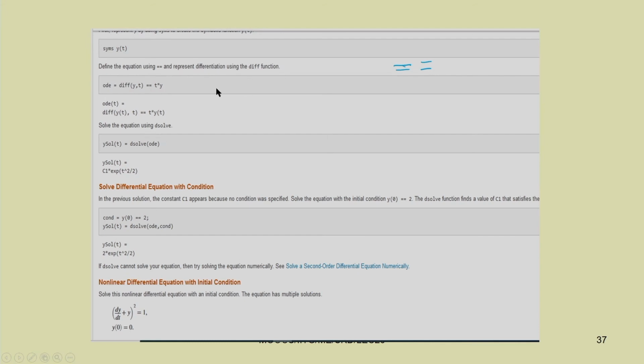The function is differentiated using the diff function. Then you use ySol(t) equal to dsolve(ode) to solve this equation, and it shows you the solution equal to C1 e to the power t square by 2.